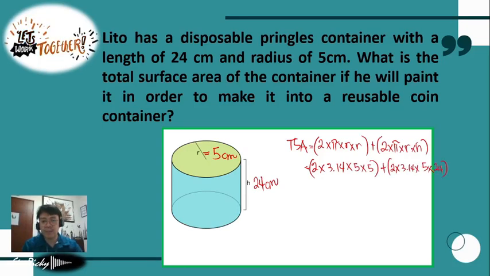2 times 3.14 is equal to 6.28, times 5 times 5, which is 25, plus 2 times 3.14, which is 6.28, times 5 times 24, which is 120.